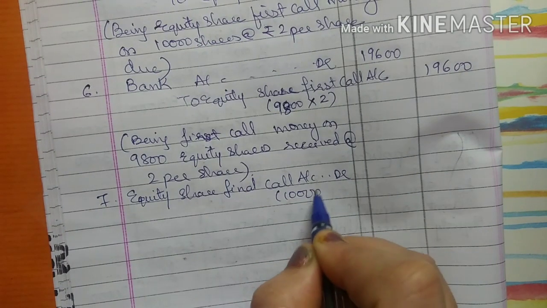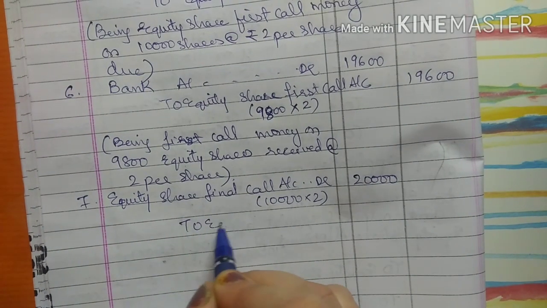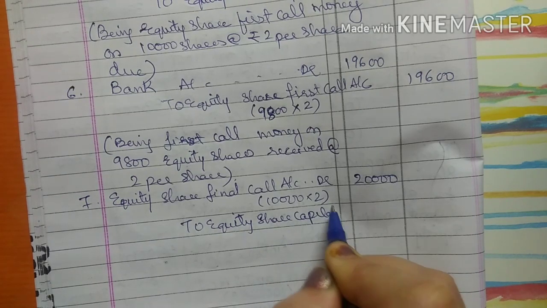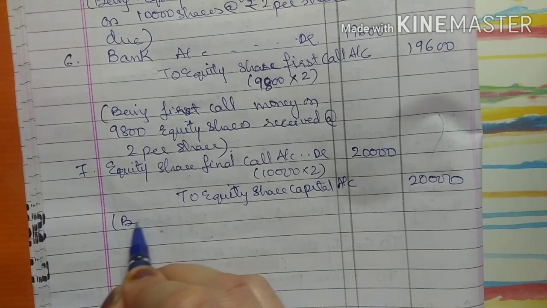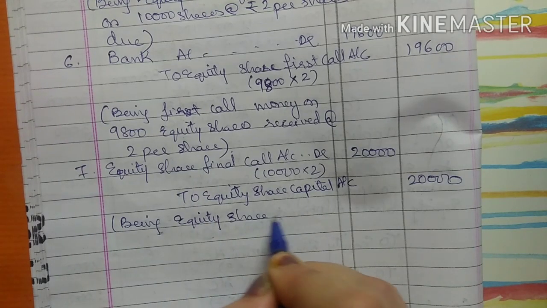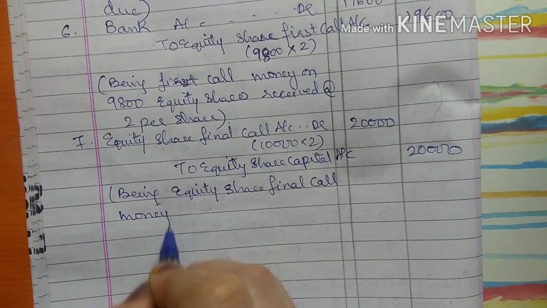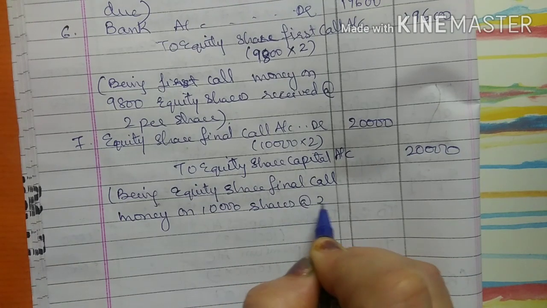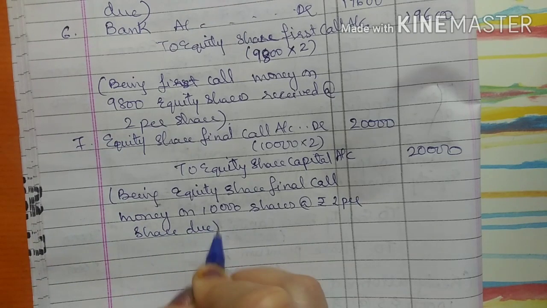So 10,000 into 2, 20,000 is due to equity share capital account, 20,000. So the narration will be being equity share final call money on 10,000 shares at the rupees 2 per share due, right?